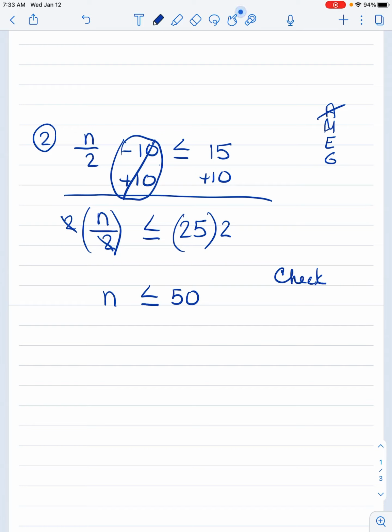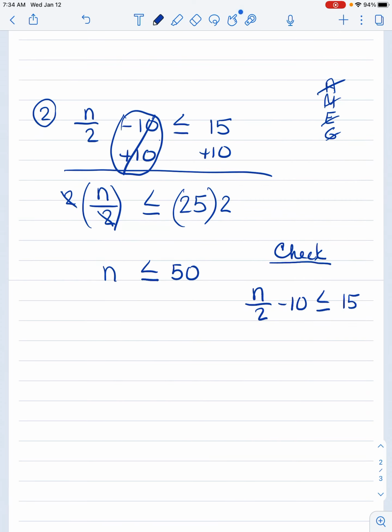Obviously, for these, we don't have to go through any exponents or groupings. So, let's do the check. Into the original inequality, n over 2 minus 10 is less than or equal to 15. And since n has to be less than or equal to 50, let's say n is 4.